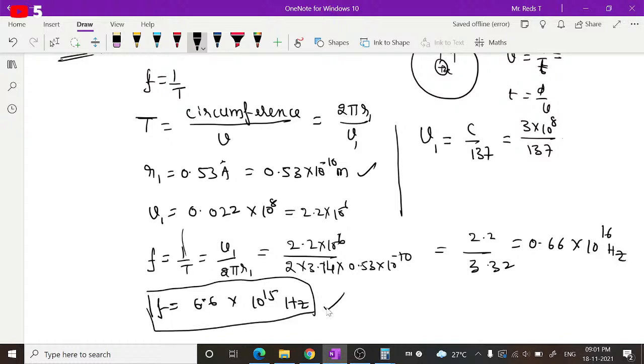Which one? 12th one. Try it, and this is done.